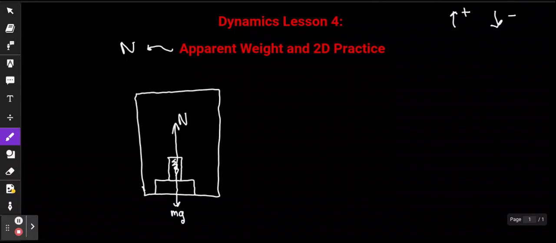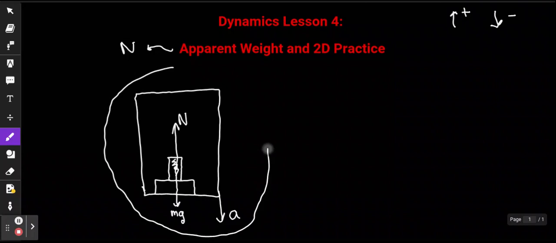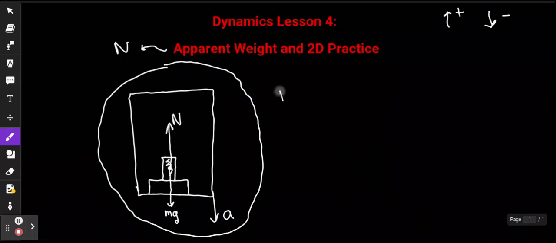Now, what if the elevator was accelerating downwards at an acceleration of a? Once again, because we're in the system of the elevator, we will also be accelerating downwards at an acceleration of a. This means that our F-net equation has to look something like this. N minus mg has to equal negative ma, because a in this case is negative.